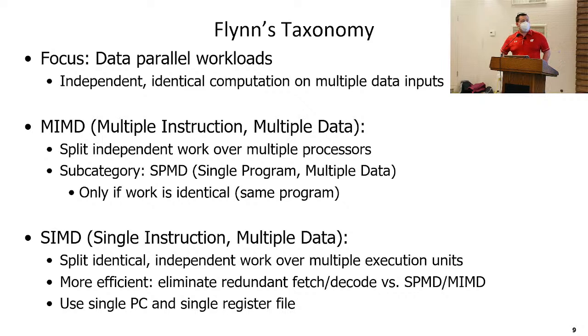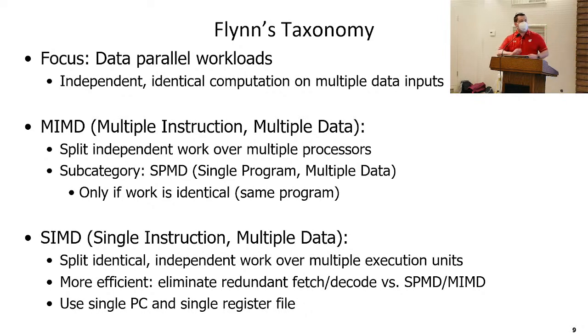The next option here is what we call single instruction multiple data, or SIMD. And the idea of SIMD is, well, what if I have the case where an application that's running, all of those different threads or different vectors we might be using, they're actually doing the same thing. They just want different data. Well, in that case, we can actually design very optimized hardware that fetches an instruction once and then gets the data for each of the different things we want to do on it and performs them all in parallel.